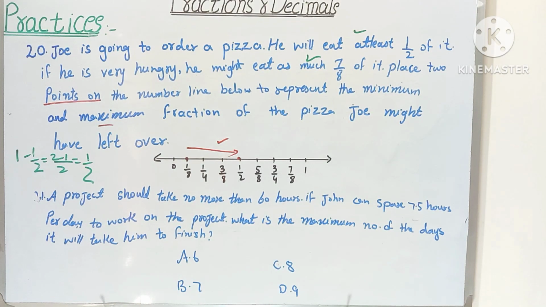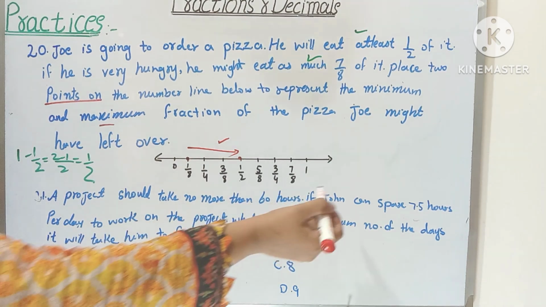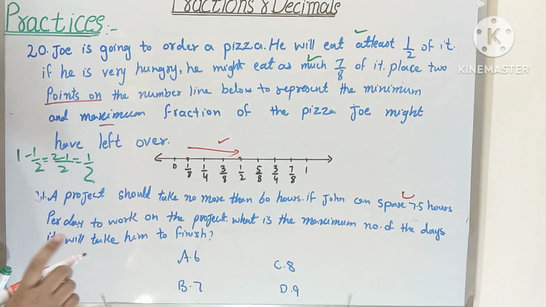Next, question number 21. A project should take no more than 60 hours. If John can spend 7.5 hours per day to work on the project, what is the maximum number of days it will take him to finish?